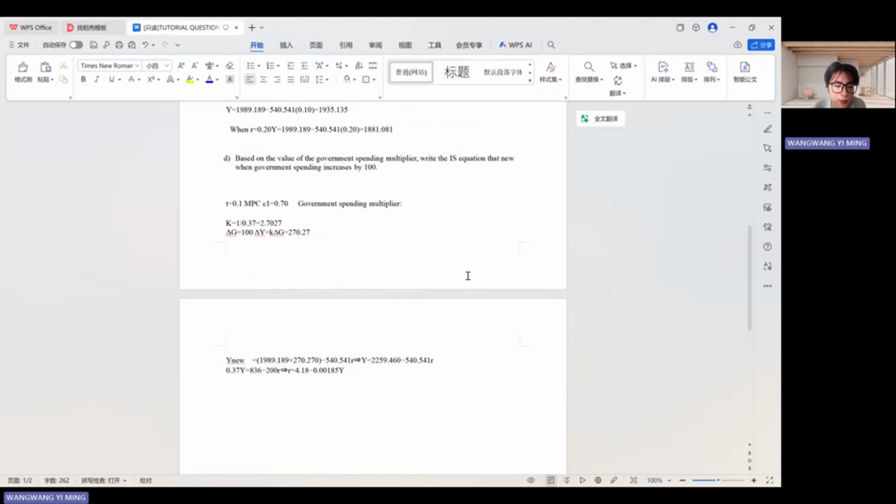So Y new is equal to 1989.189 plus 270.27, minus 540.541R, and we can get Y equals 2259.46 minus 540.541R.